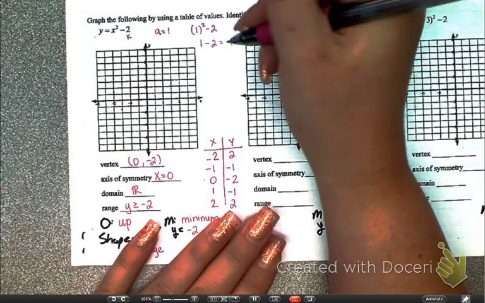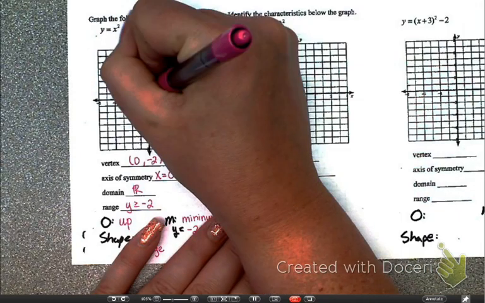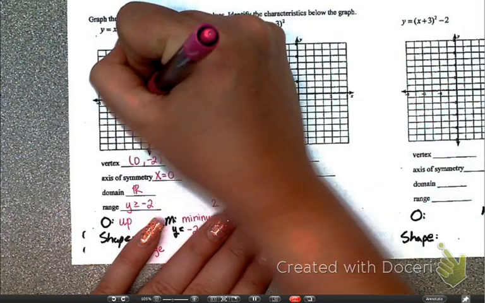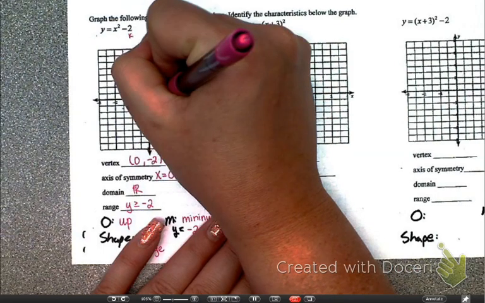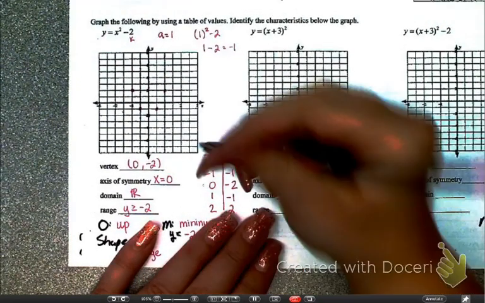Let's plot those points. So -2, 2, -1, -1, 0, -2. And then again, it's all symmetrical if we did it properly.